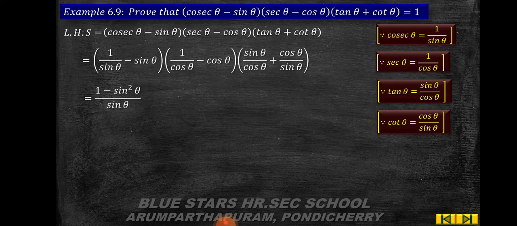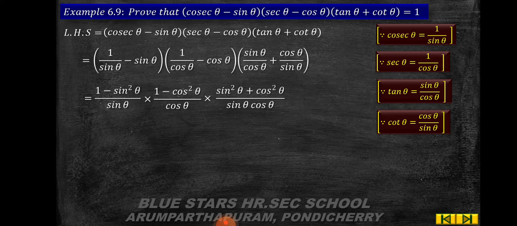That is 1 minus sin square theta divided by sin theta, into 1 minus cos square theta divided by cos theta, into sin square theta plus cos square theta, because the common denominator is cos theta into sin theta. Now in the numerator we can see 1 minus sin square theta and 1 minus cos square theta, then sin square theta plus cos square theta.